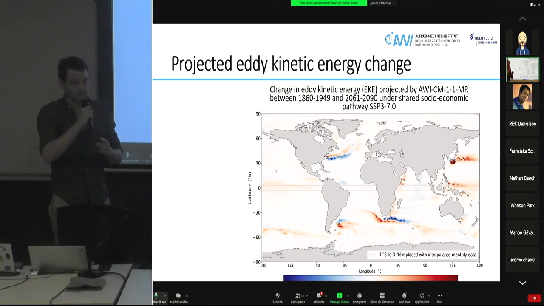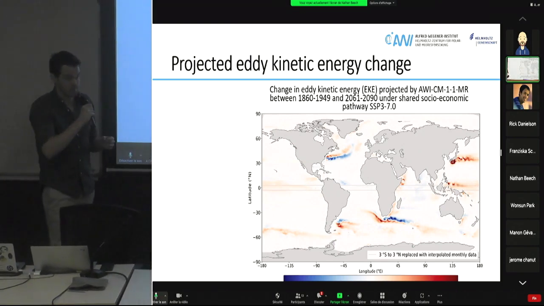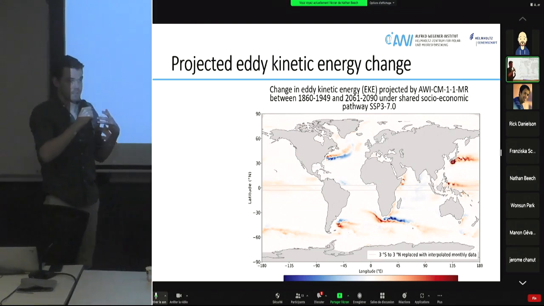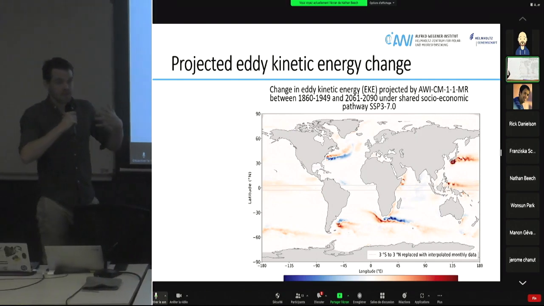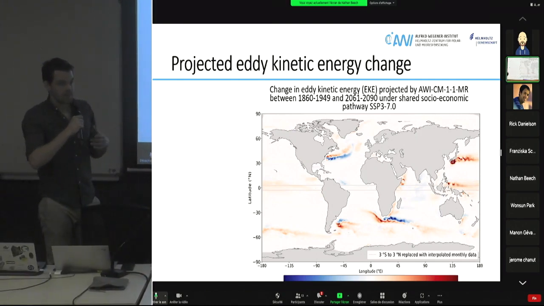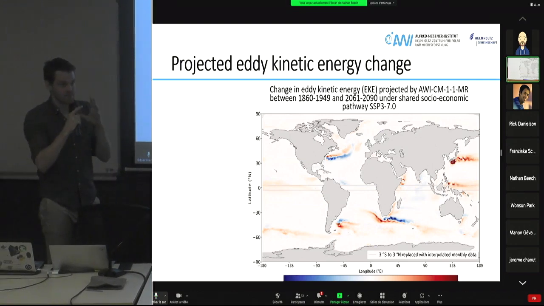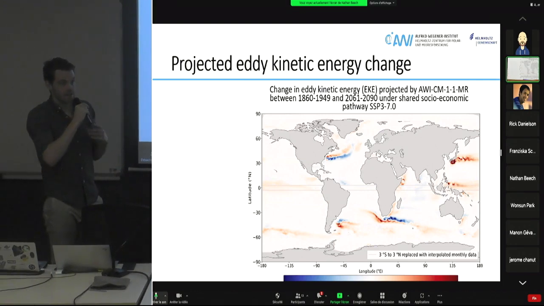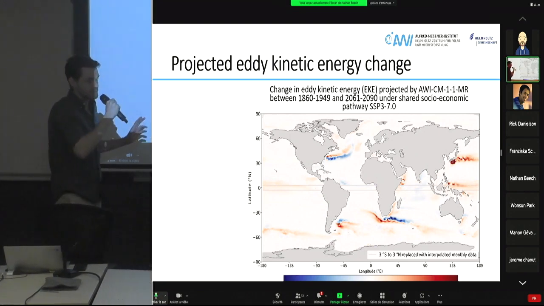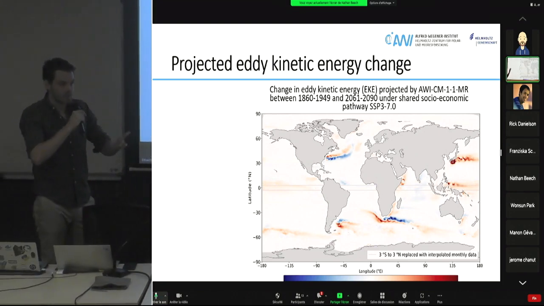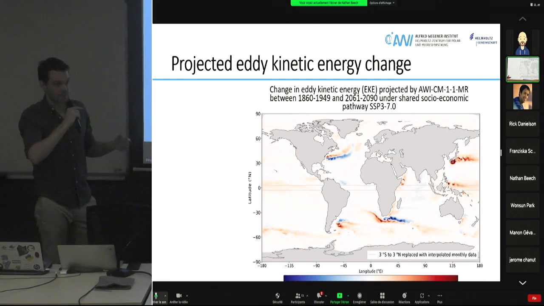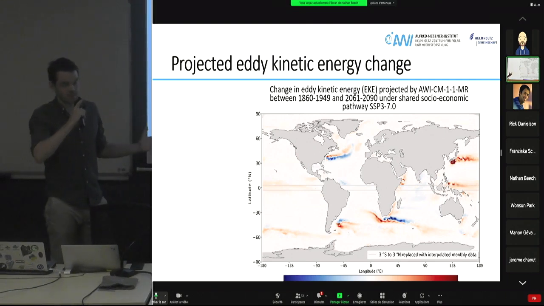This also came up, I think, in Takaya's talk earlier, that there are pros and cons to doing that. But we did that to increase the sample size from which we calculate the mean state so that we get a clearer mean state. Since we do have a changing climate, the other opportunity to get a larger sample size would be to increase your running mean window.